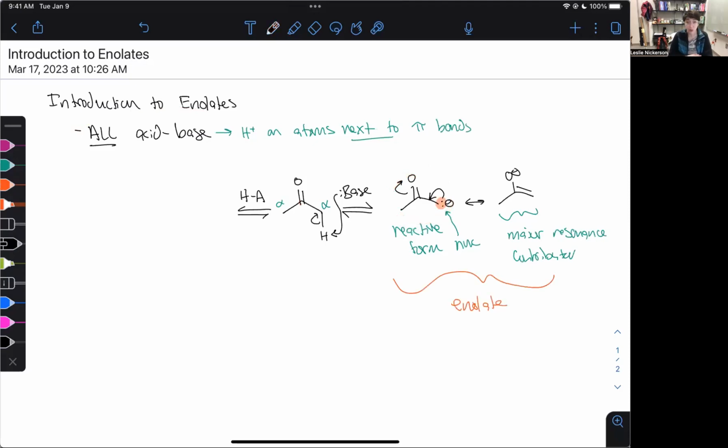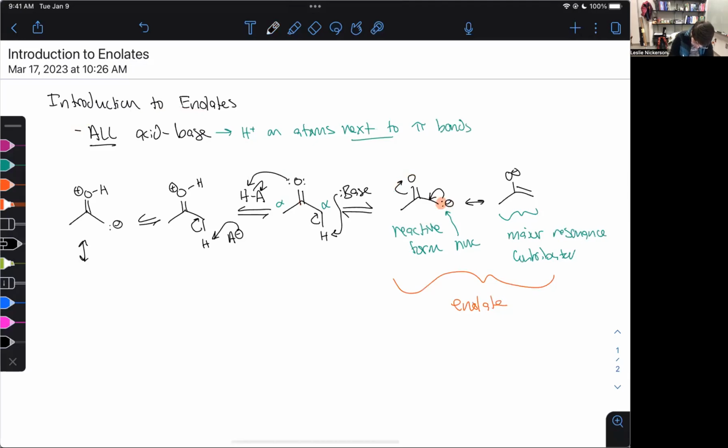Okay, we also know that we can make enols with acid. So if we want to use an acid here, we can first protonate that oxygen of our carbonyl. And then we can go ahead and deprotonate the carbon. And then that has given us our enol.